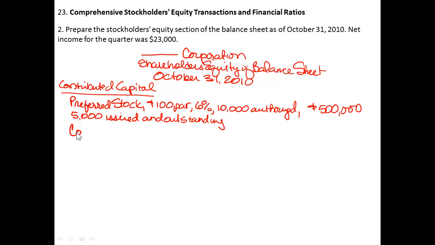So the total is, according to our account balance, $500,000. We also have common stock, where there are quite a few transactions, but I have to disclose that it was no par, but it has a $2 stated value. And remember that stated value was set by a vote from the board of directors.